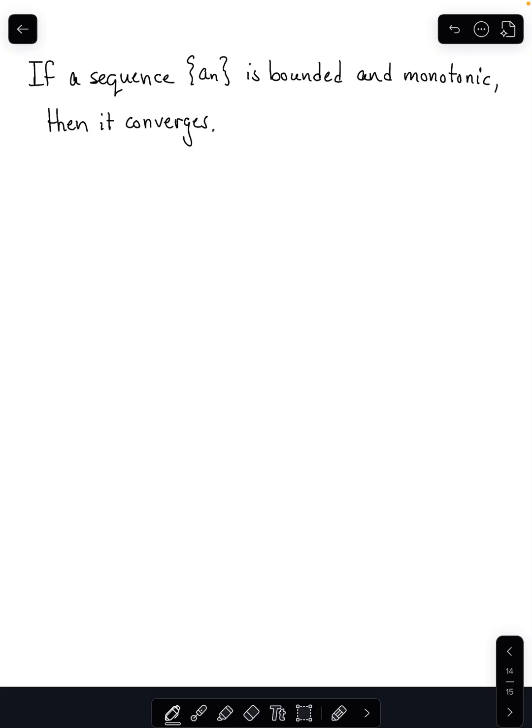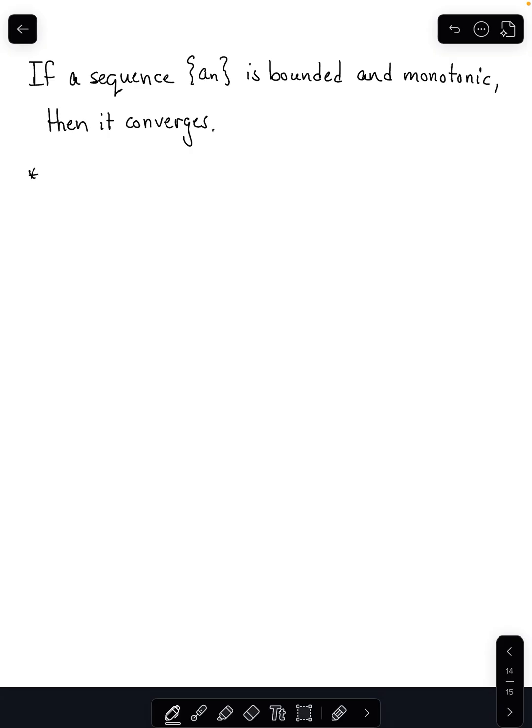If we wanted to break this down more specifically, we could say that if it is non-decreasing and bounded above, then it converges. If it is non-increasing and bounded below, then it converges. In a more general sense, if it is bounded on both sides and it is monotonic, either non-increasing or non-decreasing, then it must converge.